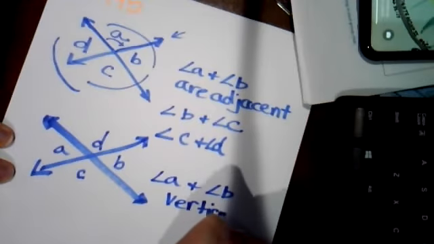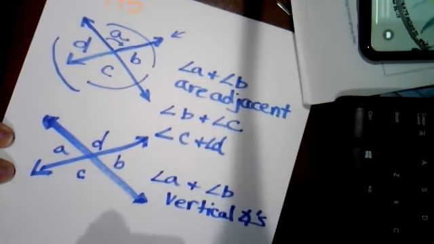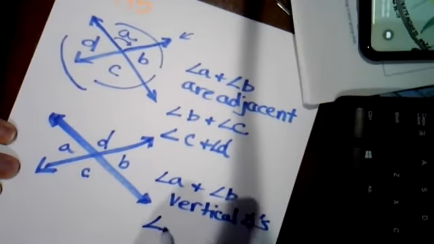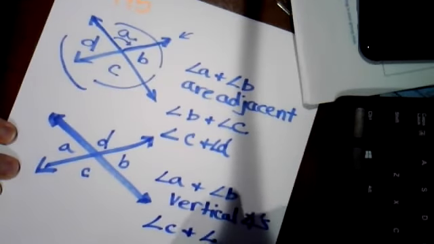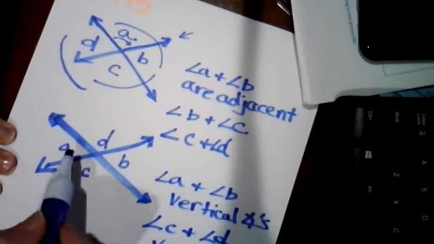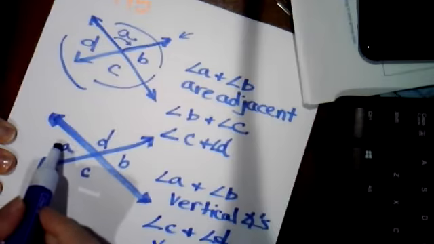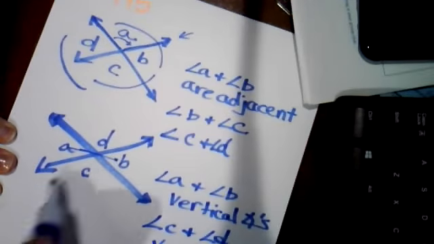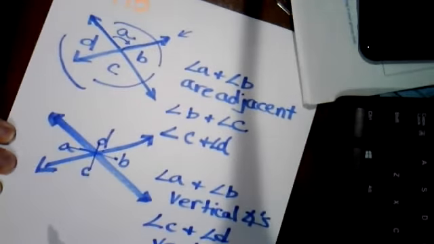Okay, vertical angles are always equal. And angle C and angle D are also vertical angles. All right, they're across from each other. Okay, so A and B are across from each other, and D and C are across from each other.